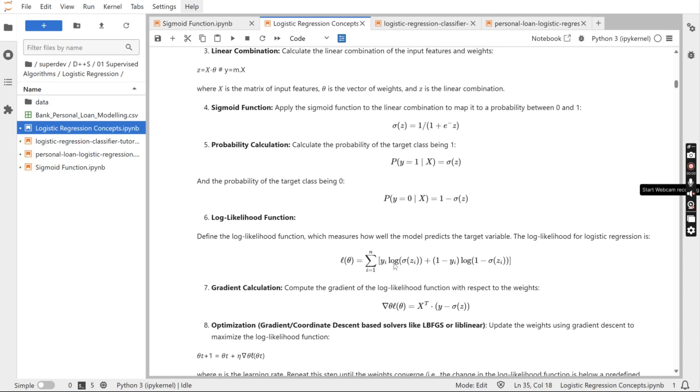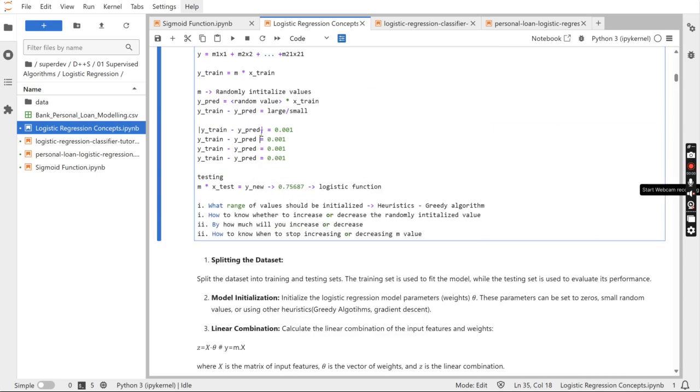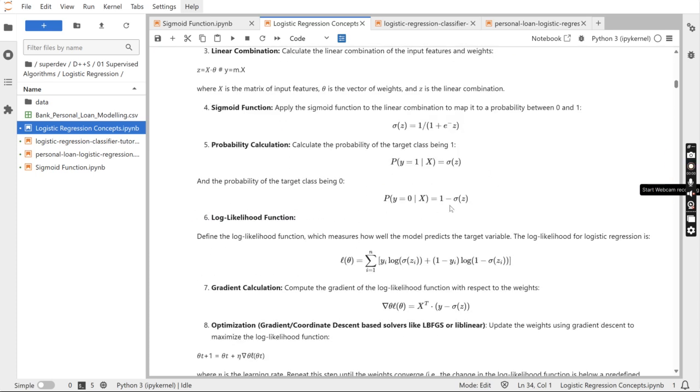Because you're using the sigmoid function, you have to calculate the loss function like this, yi into log of sigma of zi. This will become your loss function. You no longer are using the straightforward mean squared error or mean absolute error, like I showed here. Instead, you are substituting all these values in this to get the loss at each row.